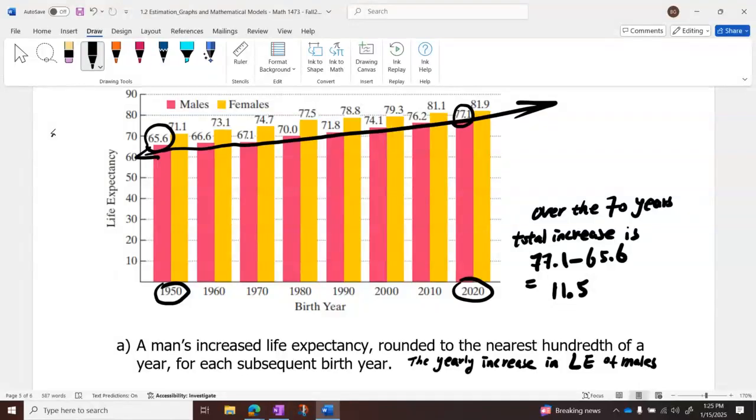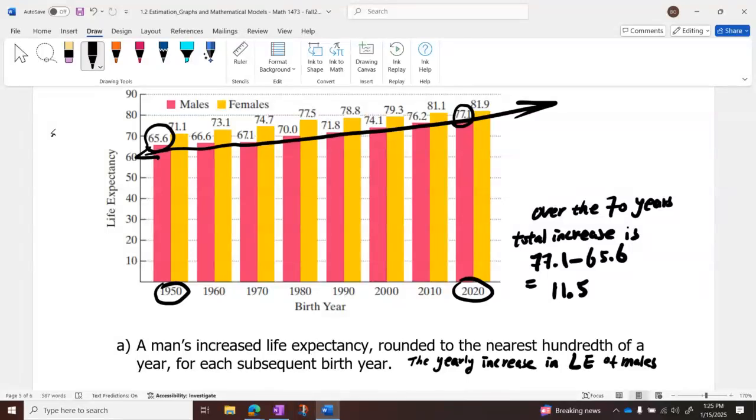So this means from 1950 to 2020, over the 70 years, the life expectancy for male has gone up 11.5 years, right? But that increase, 11.5 years, is over the 70 years.